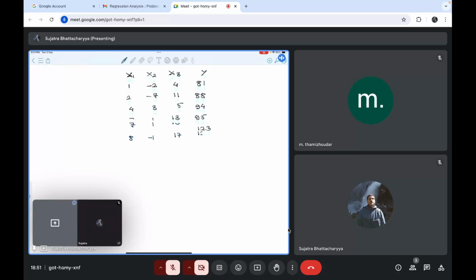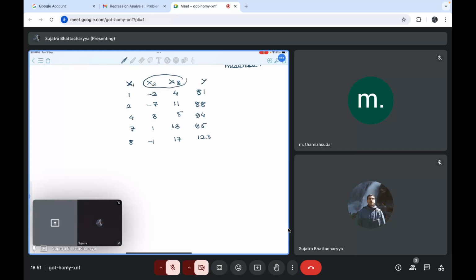In this case, there is a clear connection. If you add x2 plus x3, what do you get? 4 minus 2 is 2, 11 minus 7 is 4, 5 plus 3 is 8, 13 plus 1 is 14, and 17 minus 1 is 16. If you now multiply 2 into x1, it is exactly similar to this.